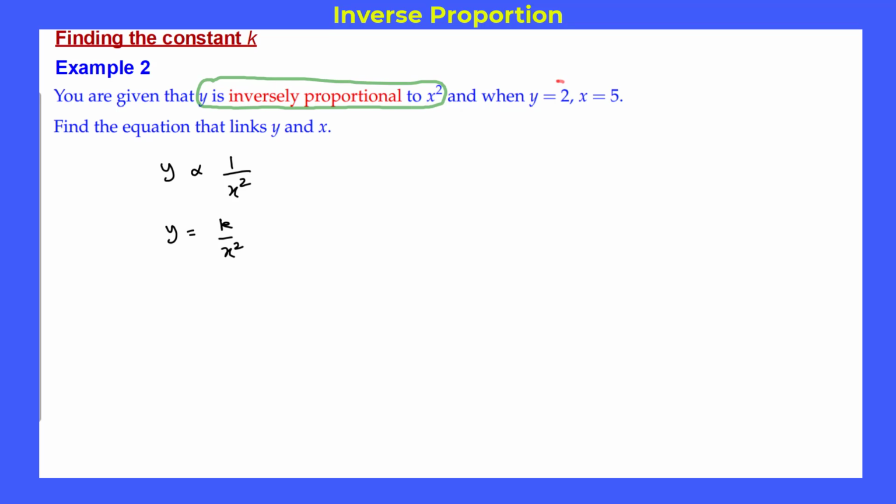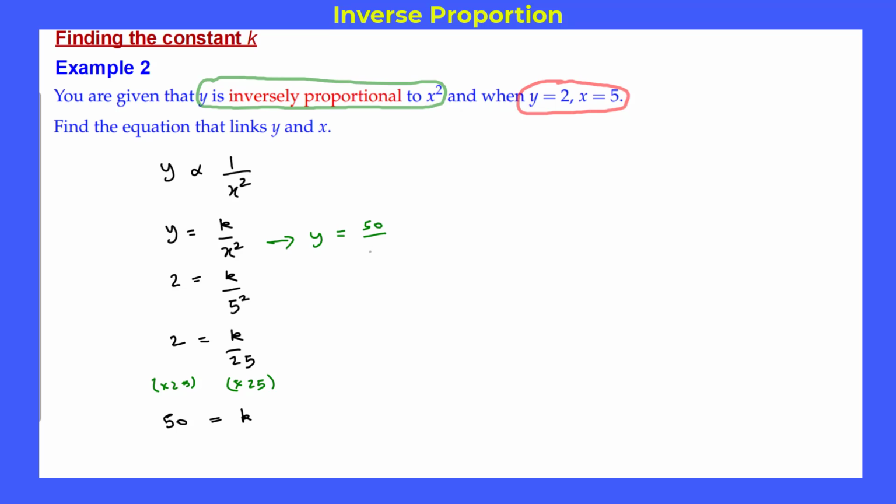Now we do our usual substitution for y and x in this case. Notice it's 5 squared at the bottom, so 5 squared is 25. Multiplying both sides by 25 gives us the value of k. So k is going to equal 50. And now we rewrite our linking equation. So y equals 50 over x squared.